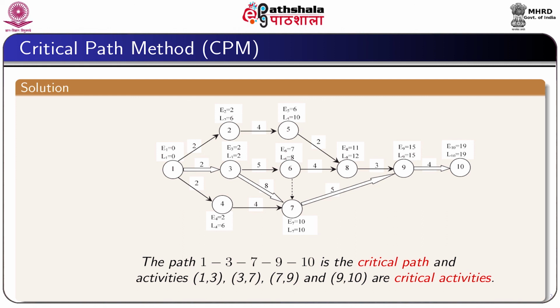That is why this path is called the critical path, and the path is shown by the double line arrows. The other paths, except the path 1, 3, 7, 9 and 10, are called non-critical paths.